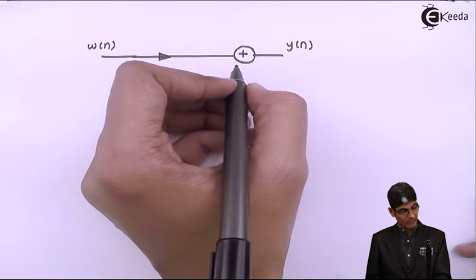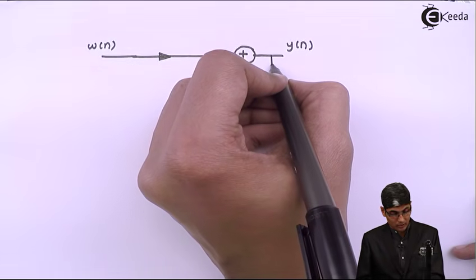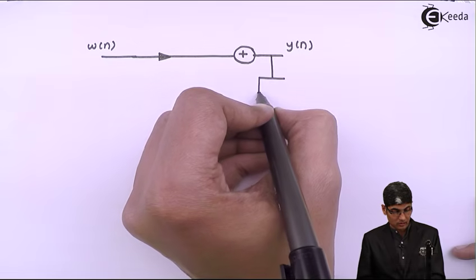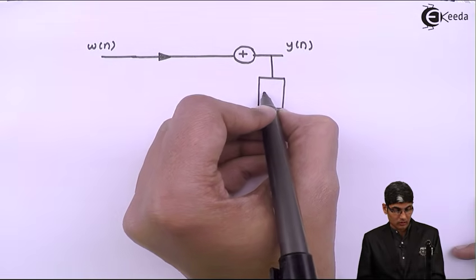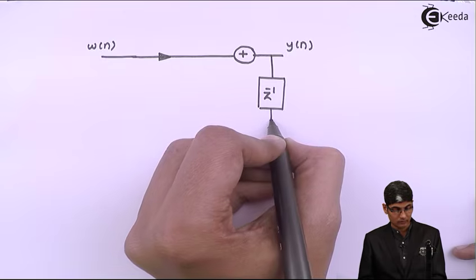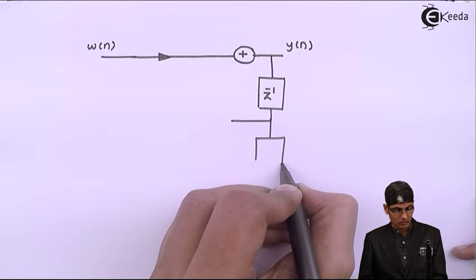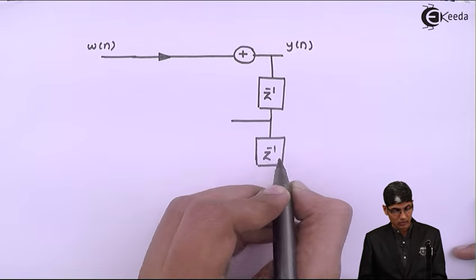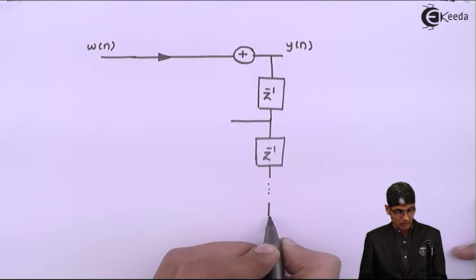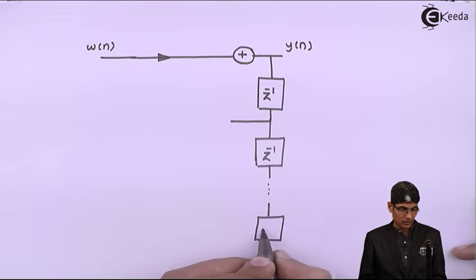So I have this added. Now I need to delay this first. So I'll give it to a delaying block, and this I'll get one delay. This is two delays, and this is the nth delay.